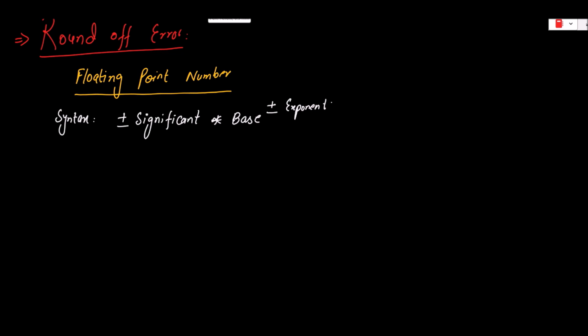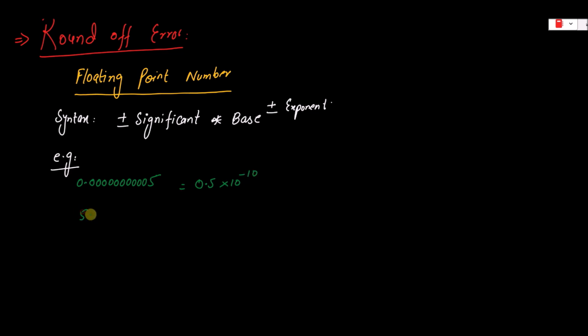If we have a very small number, for example 0.12345678910 zeros and then a 5, in floating point form we write it as 0.5 multiplied by 10 raised to the power minus 10.